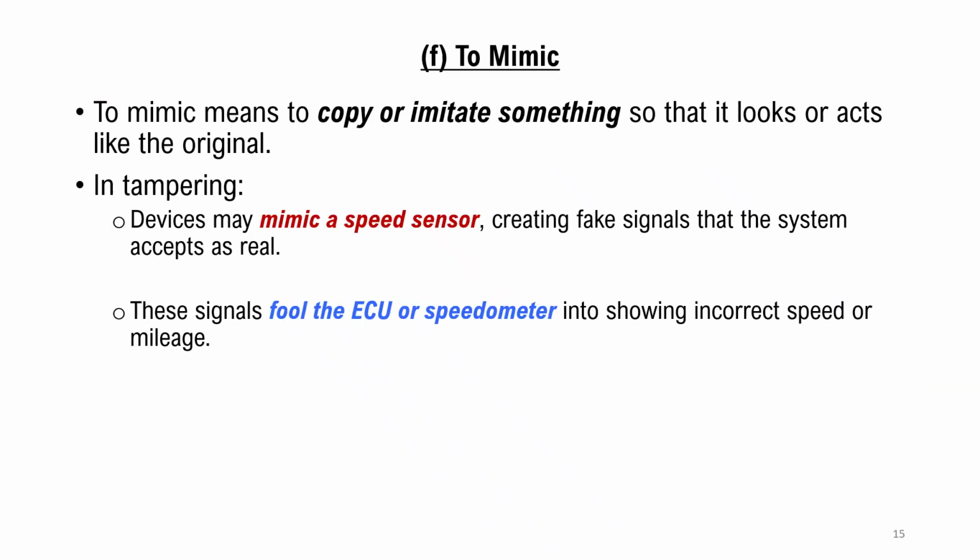To mimic means to copy or imitate something so that it looks or acts like the original. In tampering, devices may mimic a speed sensor, creating fake signals that the system accepts as real. These signals fool the ECU or speedometer into showing incorrect speed or mileage.